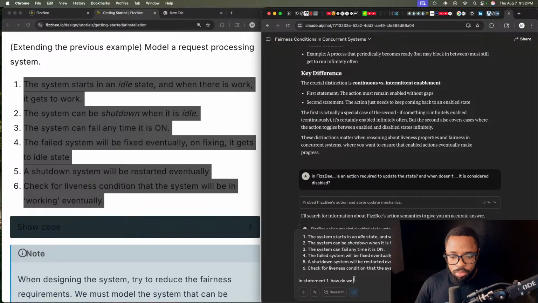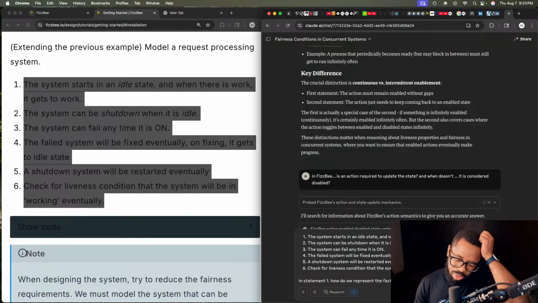Okay, so in statement 1, how do we represent the fact that when there is work, it gets work, right?